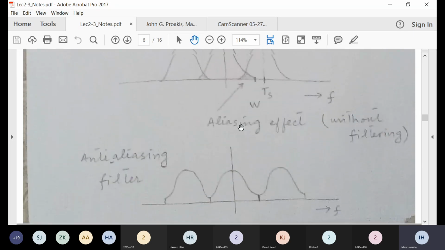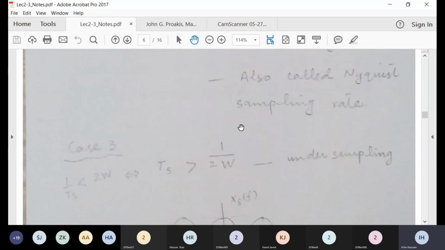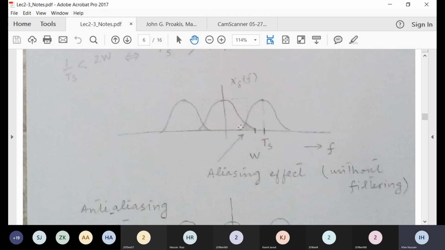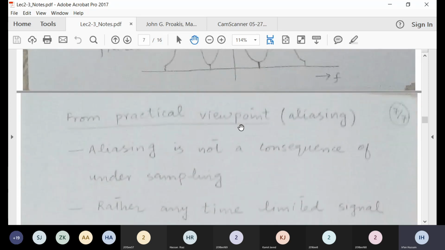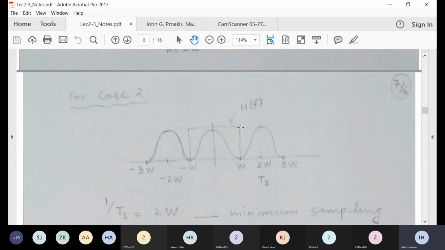So what you do is use an anti-aliasing filter before you pass your signal to the sampler.